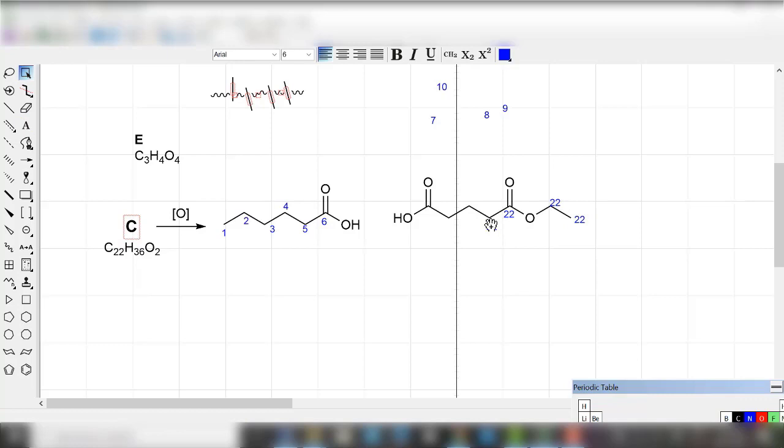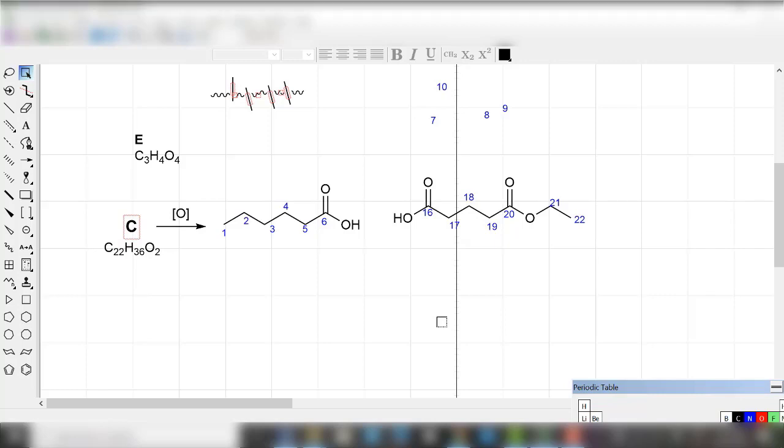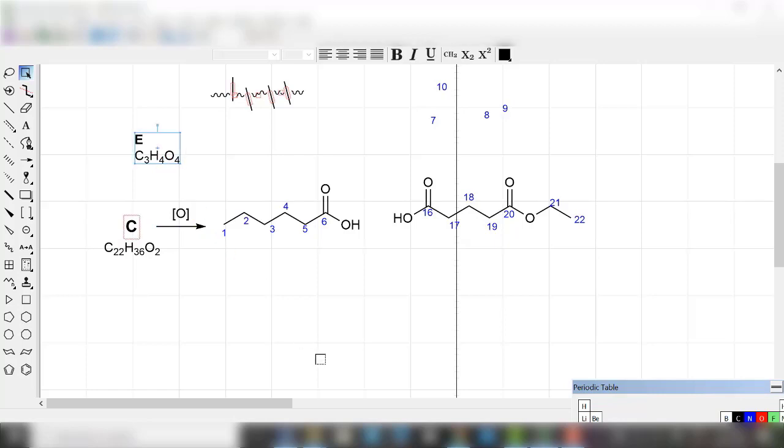So let me just put them in, and then from here is 21, 20, 19, 18, 17, and then 16. And then if you realize, right, everything really falls on very nicely because the remaining number of carbon that you want to play with fit because you're left with 3 of this.